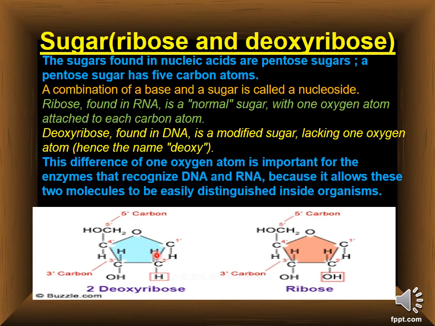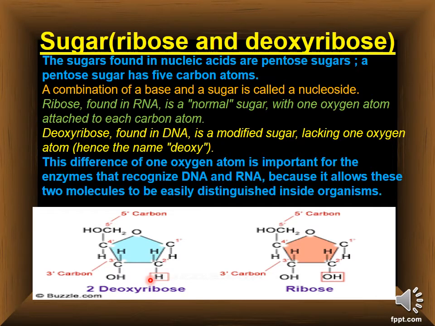But here, look, this carbon is attached with the hydrogen on one side, but on the other side there is no oxygen. So this oxygen is removed, not present here. That's why it's called deoxyribose.